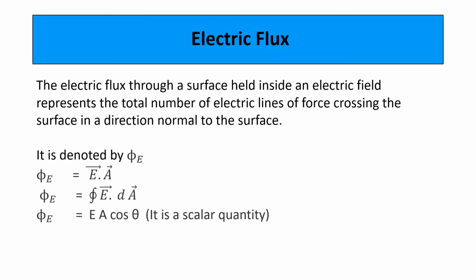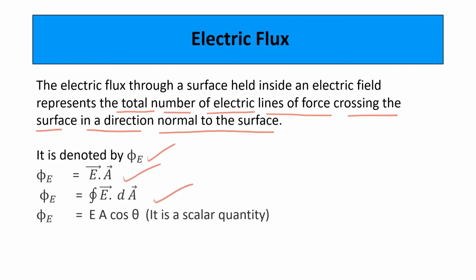Now let us define electric flux. Electric flux through a surface held inside an electric field represents the total number of electric lines of force crossing the surface in a direction normal to the surface, denoted by phi E. Phi E is E dot A, or closed integral of E dot dA.